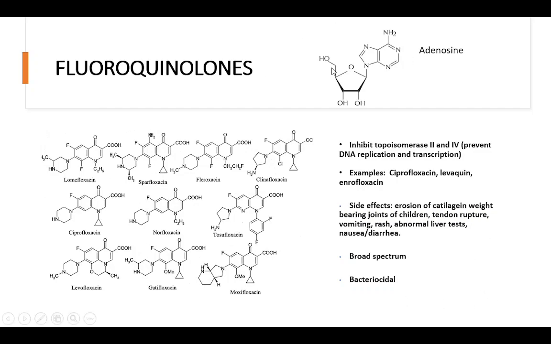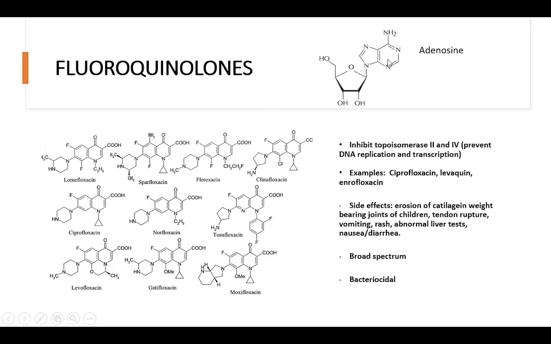How this works is it actually has a side that is like a nucleoside. So this is adenosine, part of DNA. This side looks like all of these sides, especially to the molecules here. The name fluoroquinolone comes from the fluorine on it, and then it's got some extra moiety coming down off of the nitrogen.